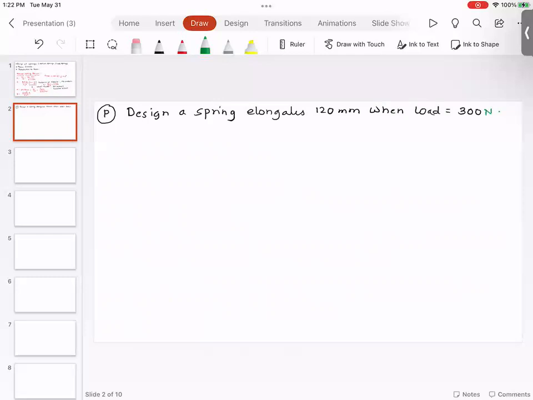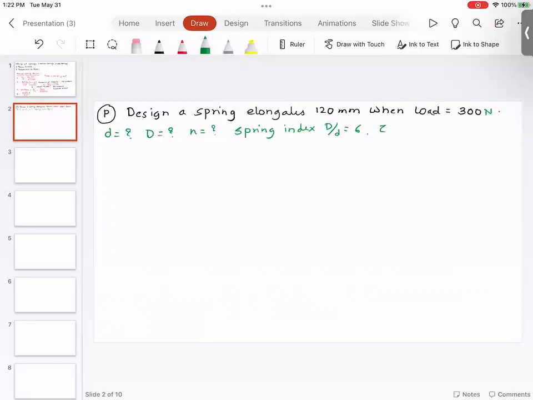Determine the wire diameter, coil diameter, number of turns. Spring index is a design parameter, which is the ratio of capital D by small d, is given as 6.